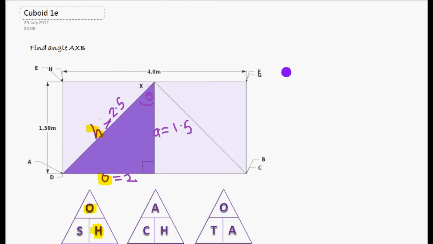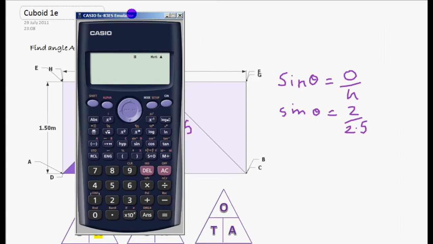So we know that sine of our angle equals the opposite over the hypotenuse. So sine of the angle, in this case, will equal the opposite, which is 2, over the hypotenuse, which is 2.5. Let's get our calculator in.